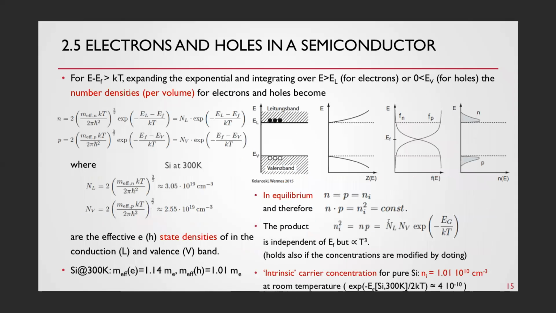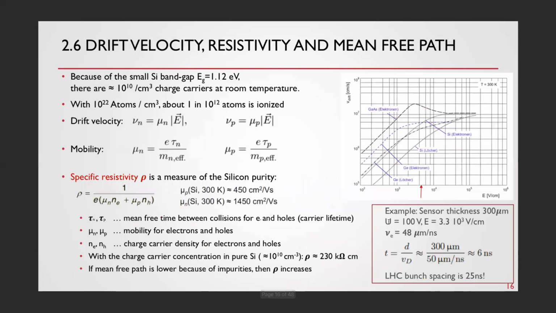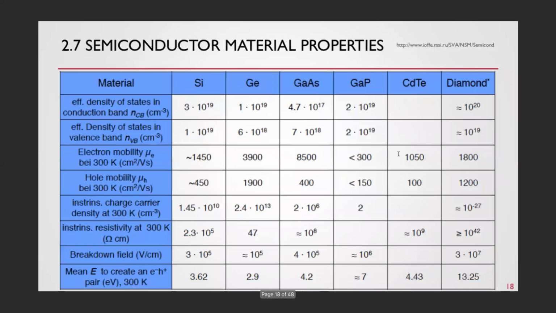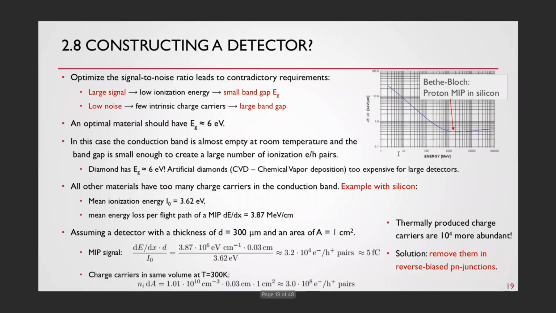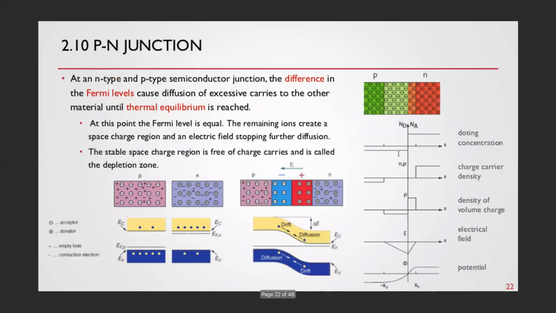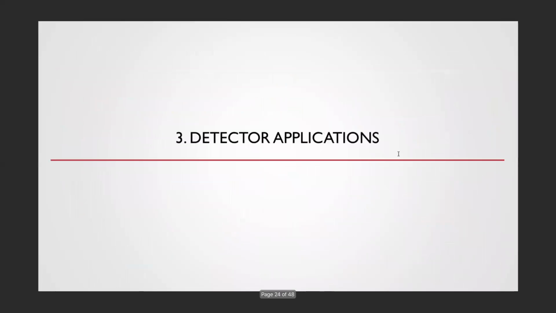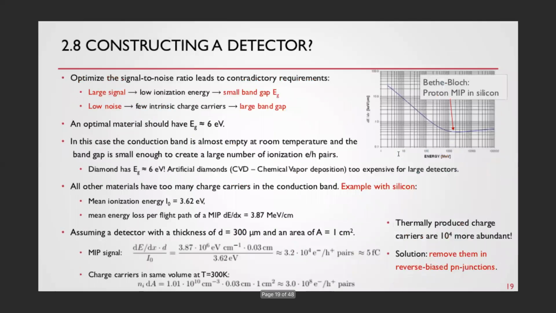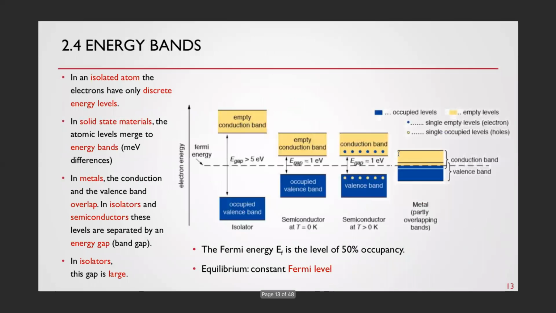We'll discuss briefly the gap structure, and then we'll talk about drift velocity, resistivity, the mean free path of the electron-hole pairs in the semiconductor. As usual, we'll compare materials, and then we'll construct the detector. That will be the topic of next time.